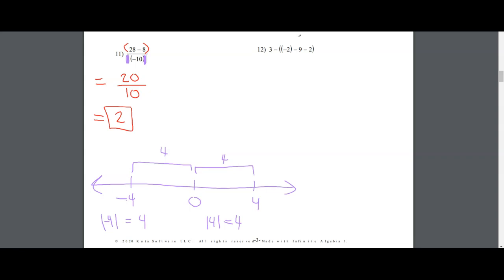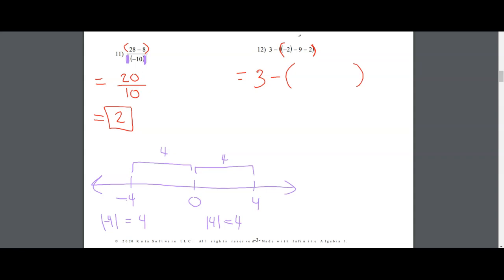Okay, on to 12. This just looks like a lot of subtraction going on. So I want to look at my parentheses first. There's nothing to simplify about the negative 2, so we don't have to worry about that. So I get 3 minus, and then in parentheses I have negative 2 minus 9 minus 2.